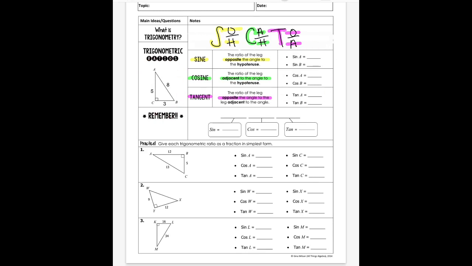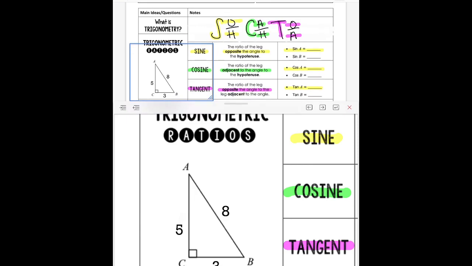I am just going to go ahead and right off the bat find the sine of A, the cosine of A, and the tangent of A. Reason being, they're all asking us to find something with the angle A, so I'm going to focus on just that for now. And we're going to label the triangle like we did last week with angle A in mind. So we're going to do it for all of the sides.